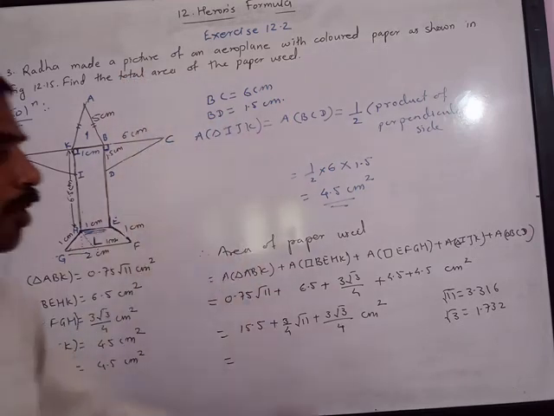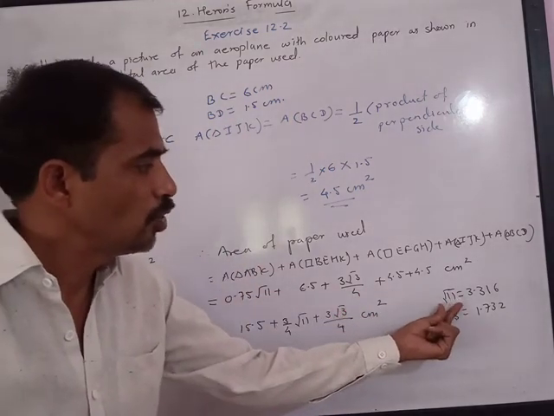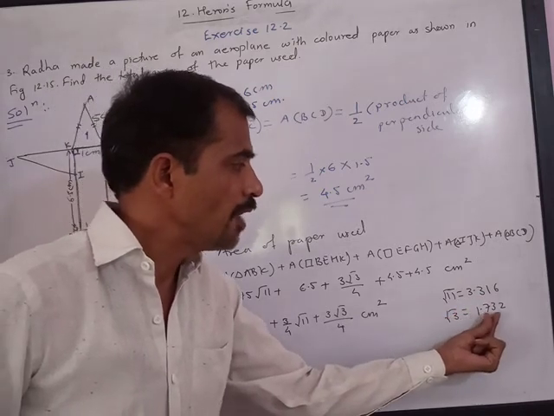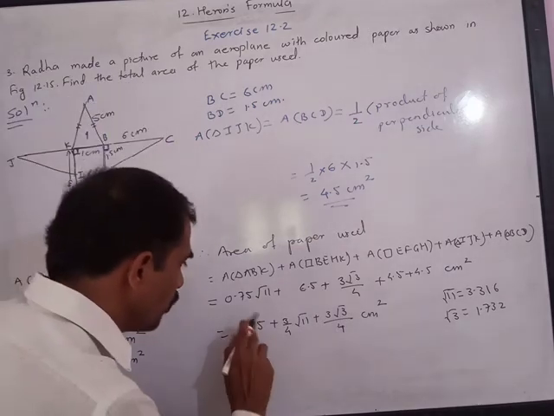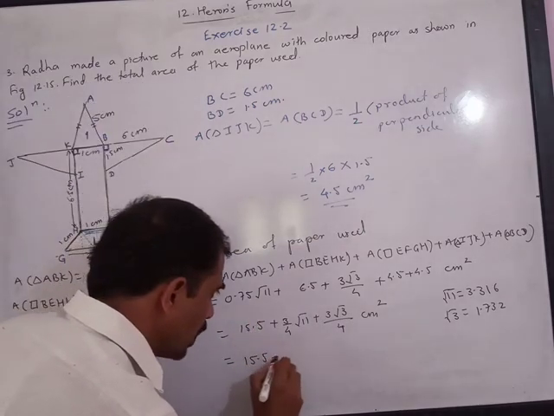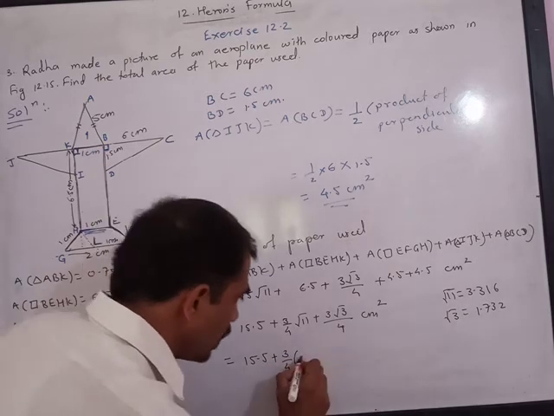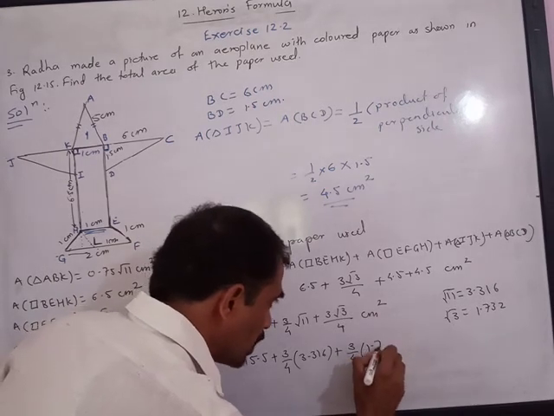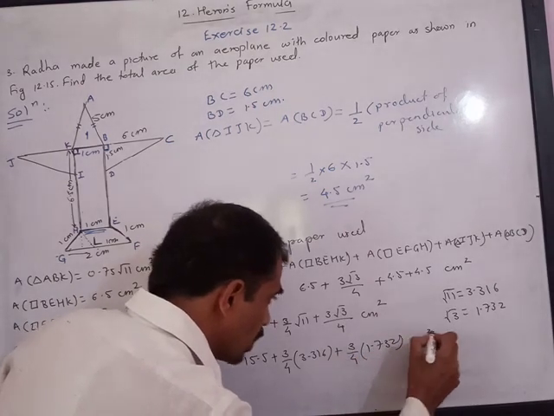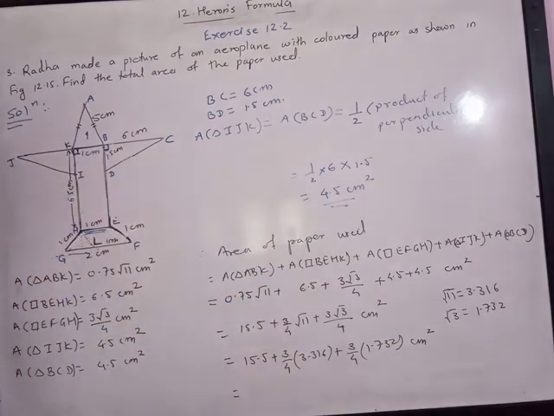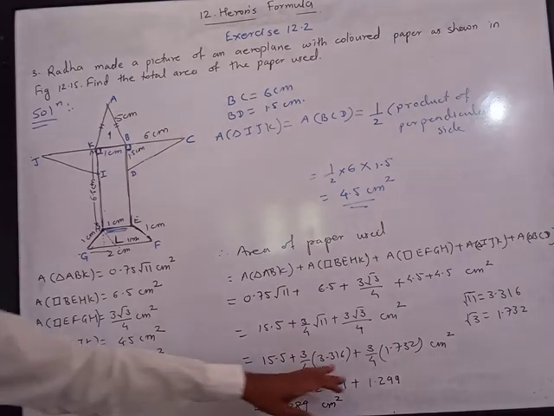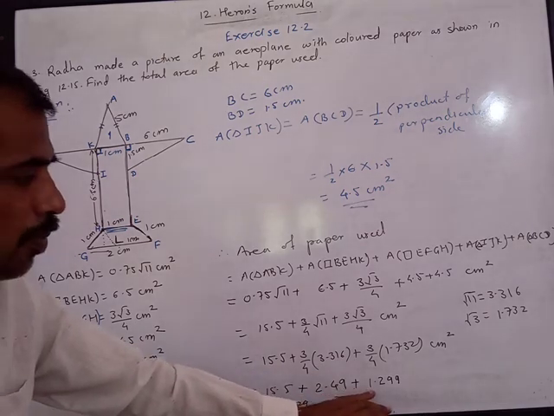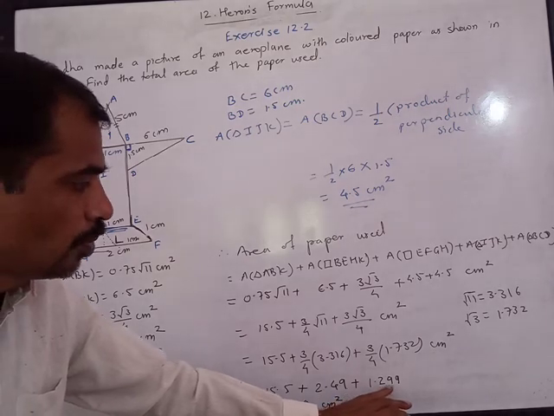Because of the length of the problem, I have not solved it here. I have taken these values: root 11 is equal to 3.316 and root 3 is equal to 1.732. So this is equal to 15.5 plus 3 upon 4 multiplied by 3.316 plus 3 upon 4 multiplied by 1.732 centimeter square. If you solve this further, you will get 15.5 plus 2.49 plus 1.299.